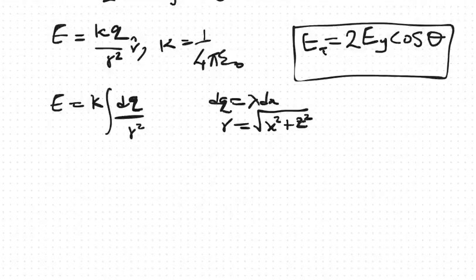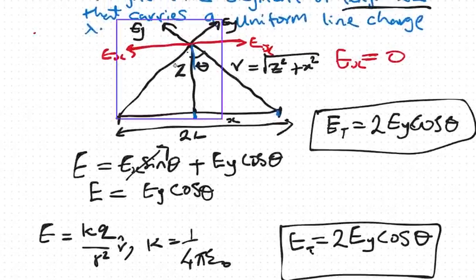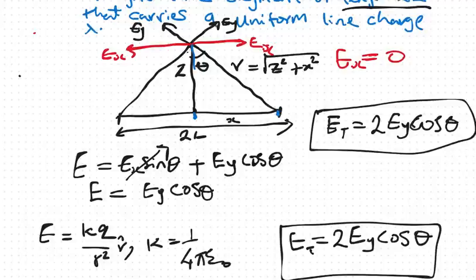Cos theta is adjacent over hypotenuse, which is z divided by the square root of x squared plus z squared.